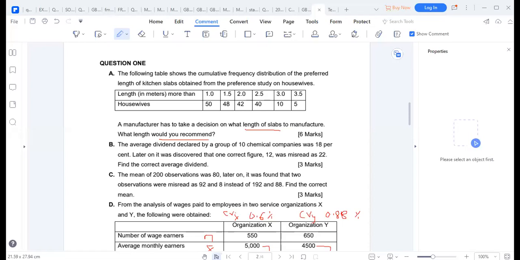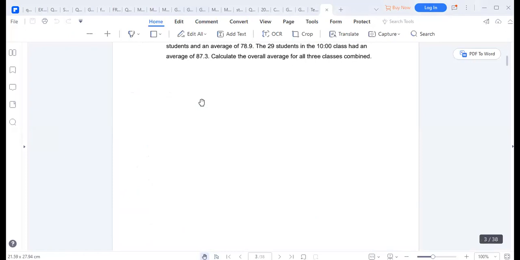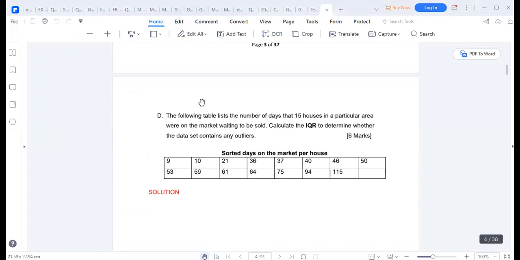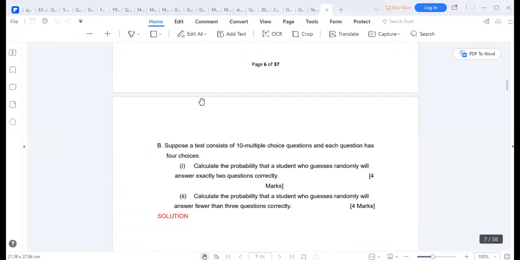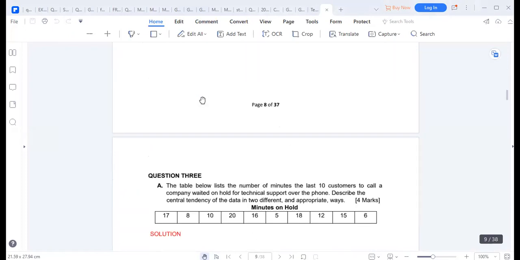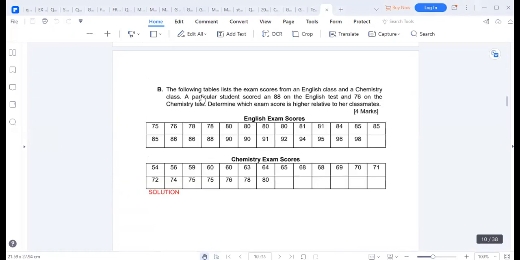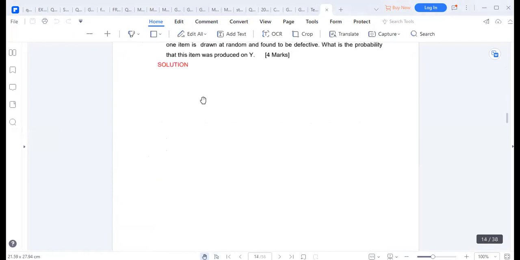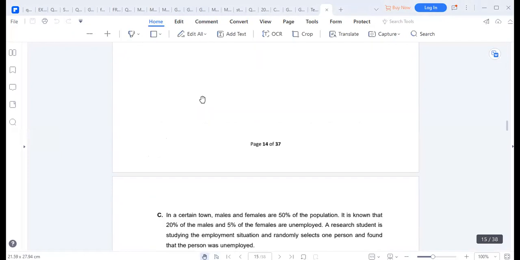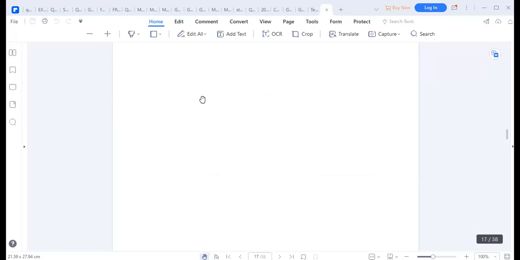So before I proceed with the computations, I need you to understand what is being asked. Let me see whether this has some working. So we're looking at the length that was preferred. So we need to pick on the highest mode from there.